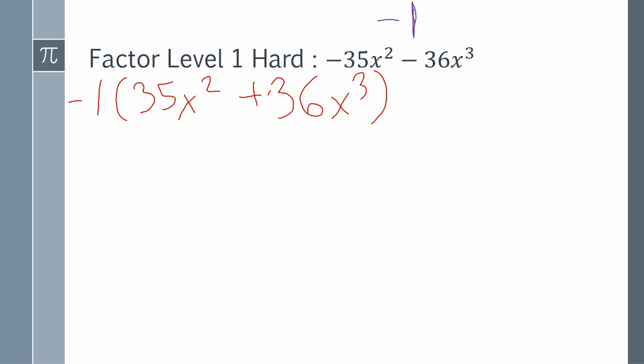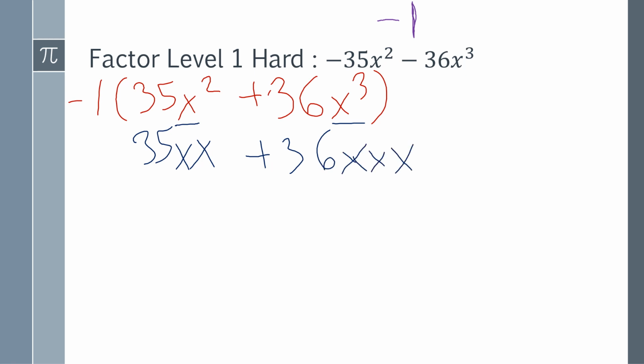Now, let's look at our variables here. You look for the smallest x that they have, which, like I was unintentionally trying to say, they both have at least an x squared in common, because you have an x squared here for 35 plus 36, you got x cubed here.